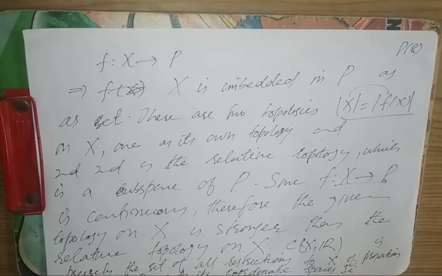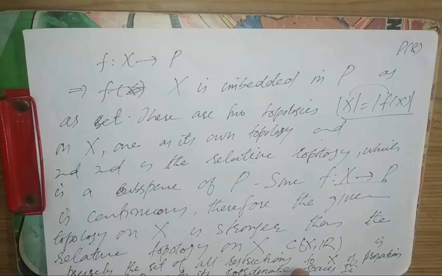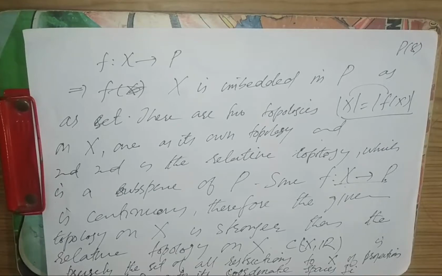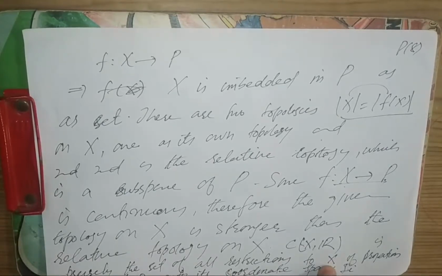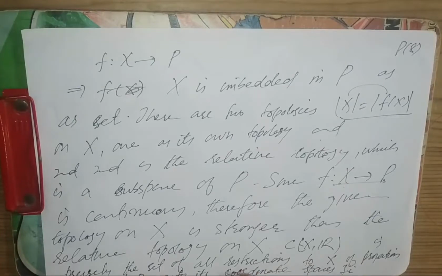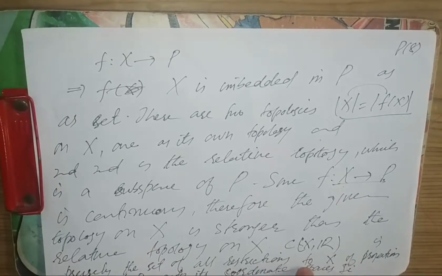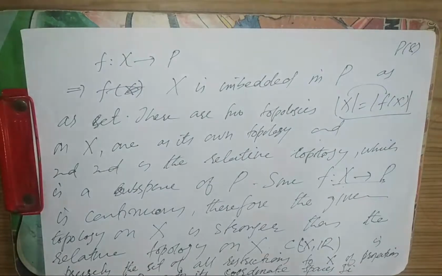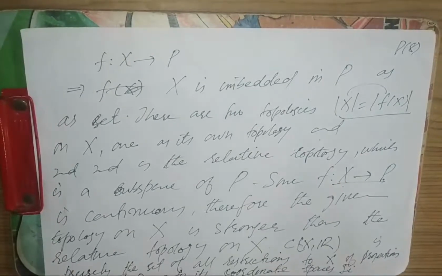Actually, C(X,R) is the collection of all continuous, real-valued bounded functions on X. But by treating X as a subset of P, C(X,R) is the set of all restrictions to X of projections of P, because Pi is a projection on P. I take the restriction of Pi onto this X. So it is precisely the set of all restrictions to X of all projections Pi of P onto its coordinate spaces.